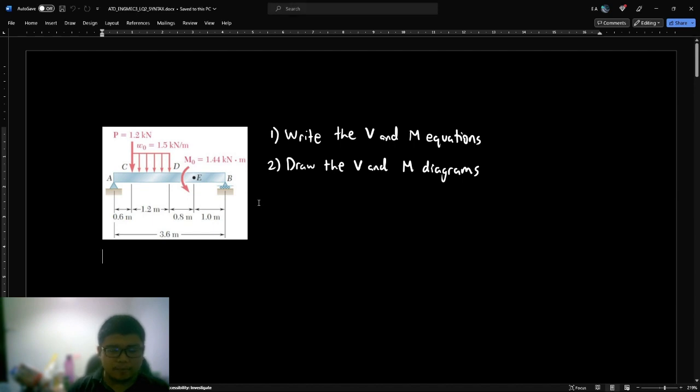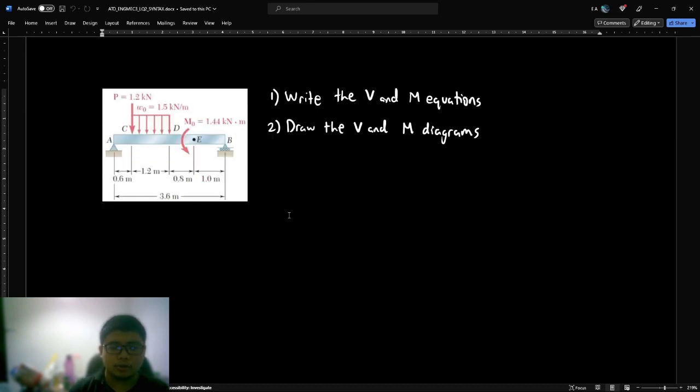For this problem, we are supposed to write the V and M, or the shear and moment equations, as well as drawing the shear and moment diagrams. So the first thing we have to do always is to draw the free body diagram.